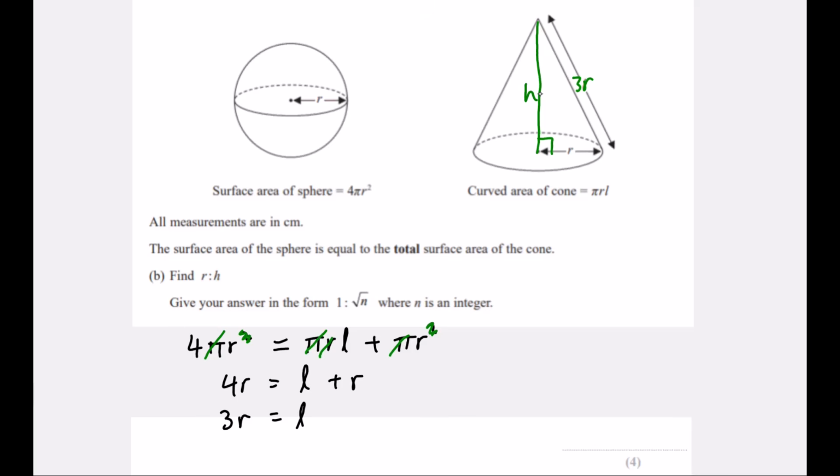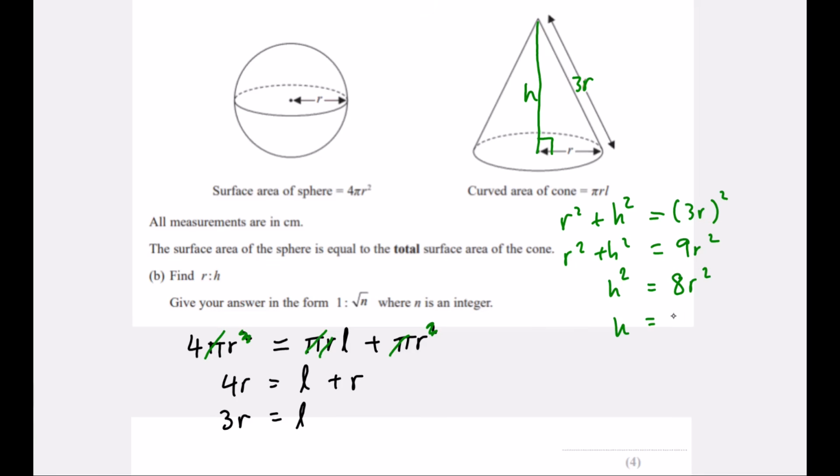And what is h? So how can we get h in terms of r? We can use Pythagoras. R squared plus h squared equals 3r squared. R squared plus h squared equals 9r squared. H squared is 8r squared. Square root both sides.